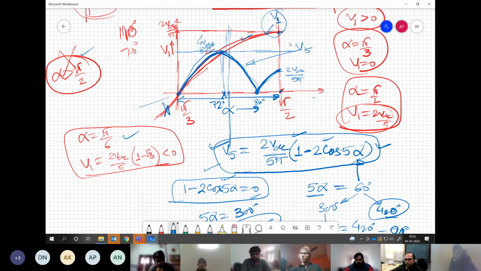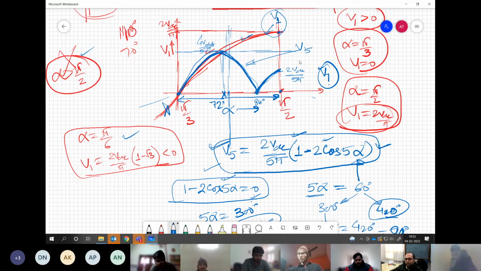Yes, sir. Clear? Similarly, you can also work out how V7 is varying. The fundamental was hardly varying in this 30-degree span. The fifth harmonic is changing almost half a cycle or a little bit more. The seventh will have a little bit more variation within this. So the frequency increases, and the occurrence of the zero point increases for the harmonic as you go to higher order.